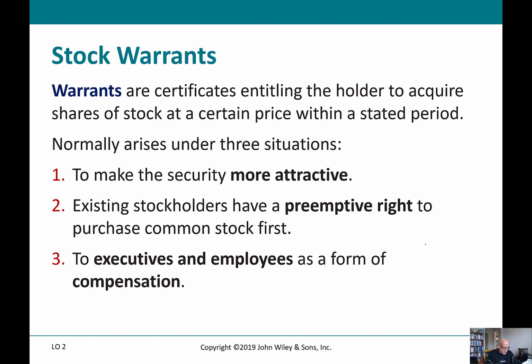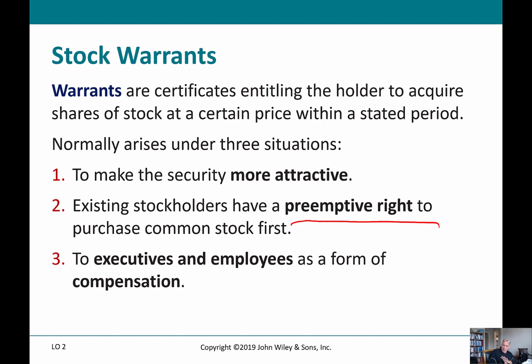We have different reasons that an entity might issue warrants, and we talk about this idea of making them more attractive, or giving some of our shareholders preemptive rights. Guys, preemptive rights are probably for people we don't know. These are people who own a huge proportion of the shares of the corporation, and they want to make sure that somebody else doesn't take away their level of control and influence over the entity.